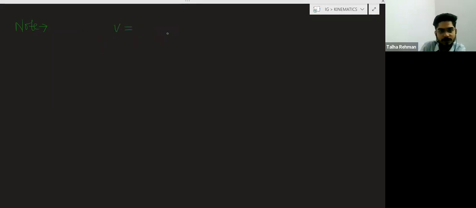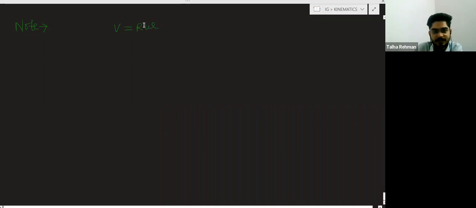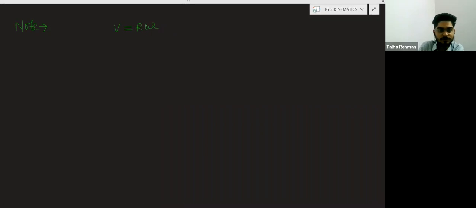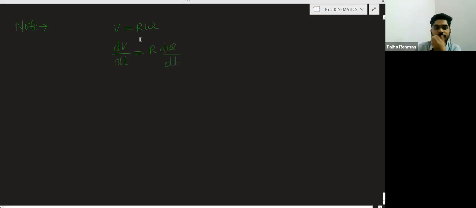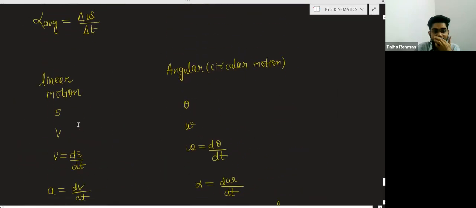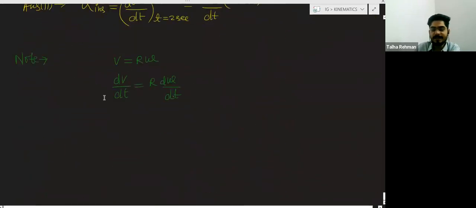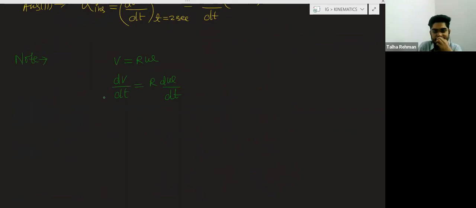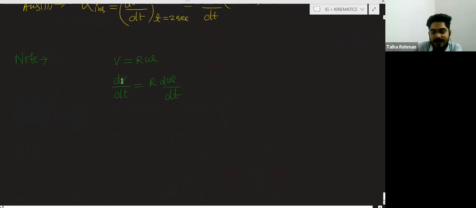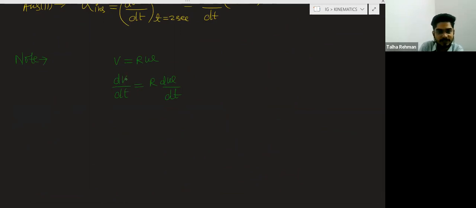This is your v equal to r omega. We will differentiate this equation with respect to time, so it becomes dv by dt, and r is constant, so this becomes r d omega by dt. What I have told you, dv by dt is the change in speed with time.